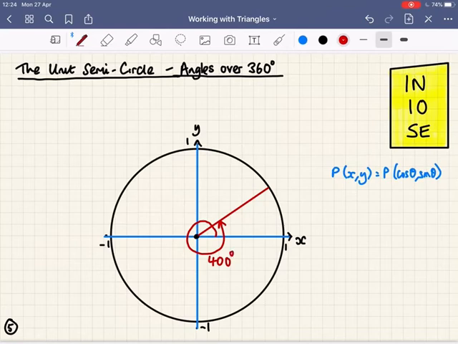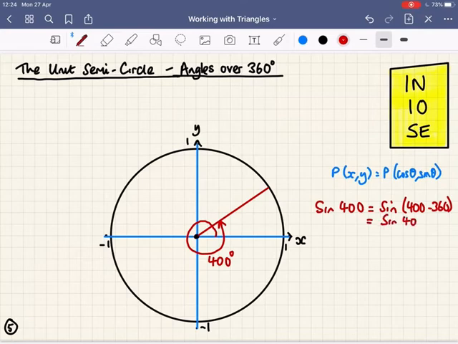So what happens now? How do I think about that? Well, it has exactly the same value as if we hadn't gone a whole turn of 360 degrees. So sine of 400 degrees will be equal to the sine of 400 degrees minus 360, which is equal to sine of 40.